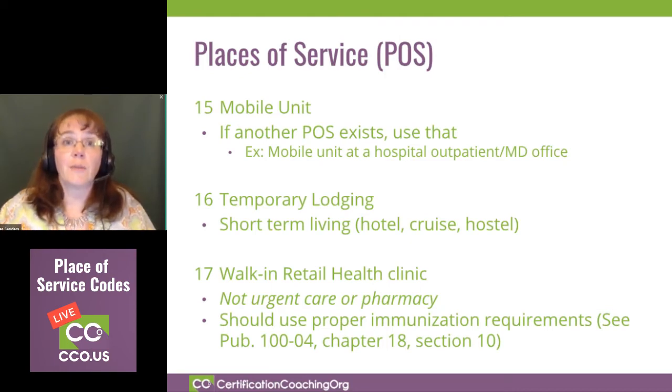This is going to be your place of service 16 for temporary lodging. So this is just short-term living. You might go to some kind of resort area. Well, they might offer a clinical office in the resort for people who sprain their ankle or get sick or something like that. So just very short-term temporary lodging.